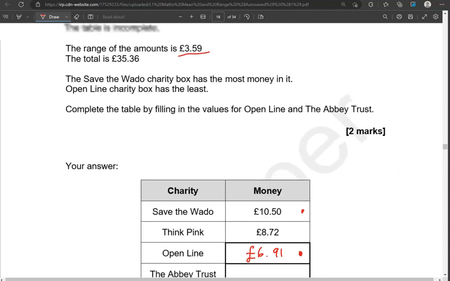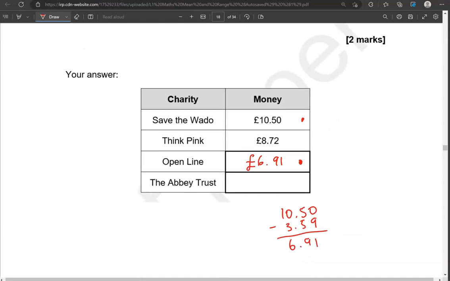We also know that the total is £35.36. So if we add these three and take away that total from £35.36, should give us the value for the Abbey Trust.